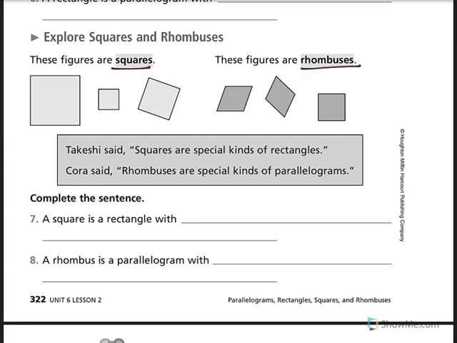I want you to take a minute and just look at those and see what you notice. What do you notice about the angles? What do you notice about the sides?